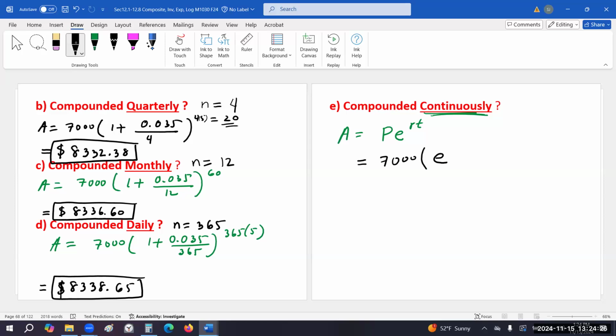Now e is the letter, the number e in the calculator. Our interest rate is 0.035 and our time is 5 years. We have 8338.72.